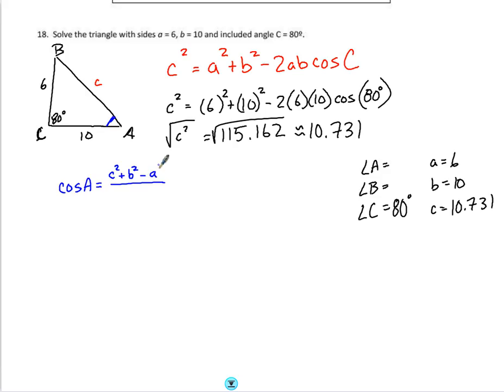all over 2 times, what are the two sides adjacent? C and B, or B and C. Okay? So, once I have the formula down, I'm going to go fill in the spots that I know. And I'm going to take the cosine inverse, because A is really going to be equal to the cosine inverse of this value.